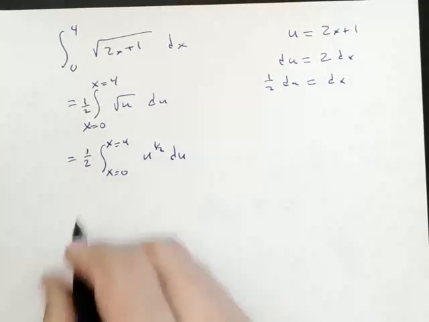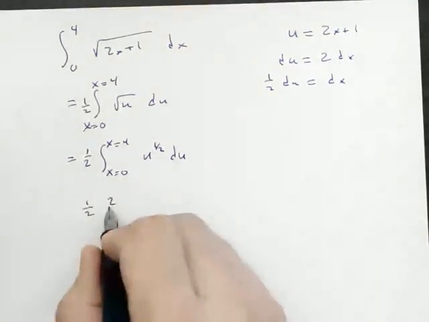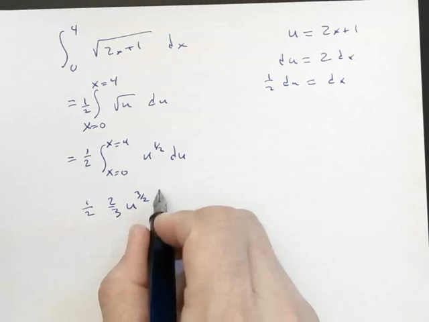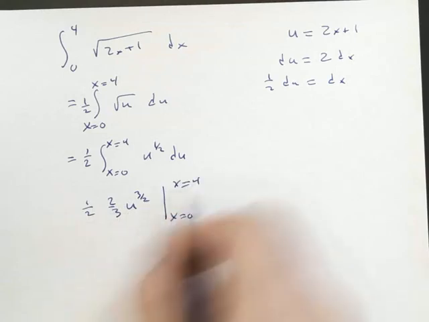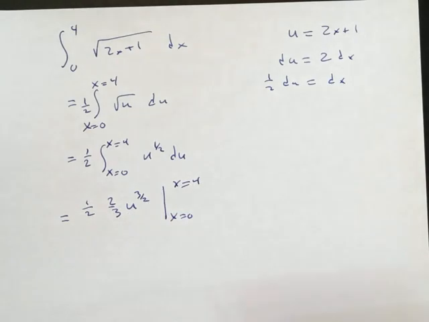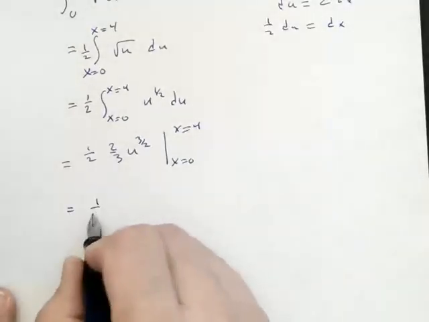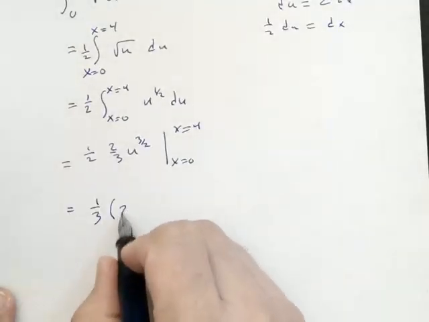So that's going to be 2/3 u to the 3 halves evaluated from x equals 0 to x equals 4. But in order for me to plug in x numbers, I have to have x's to plug them back into. So I go ahead and I rewrite this in x.